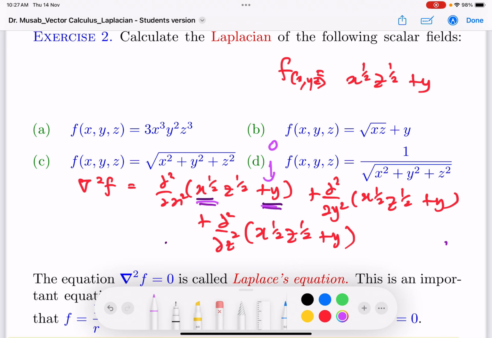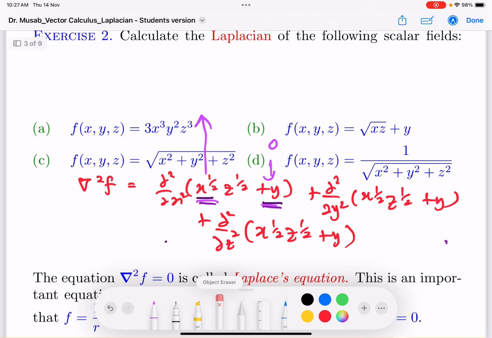So this part becomes half. This part becomes half. So why I think I use this limited space here. So our first step will get a half.